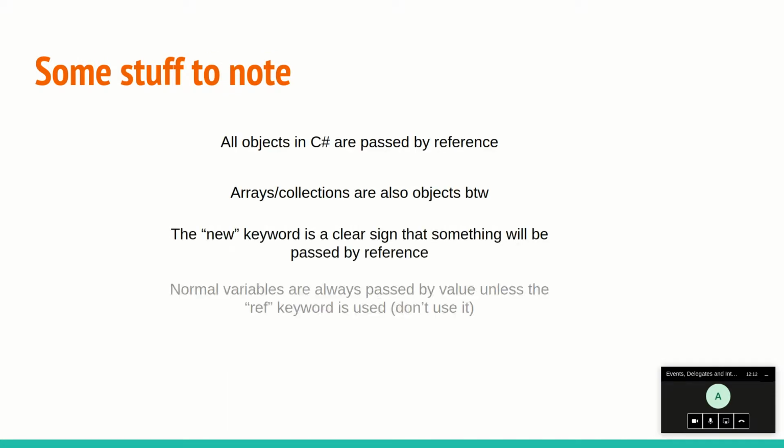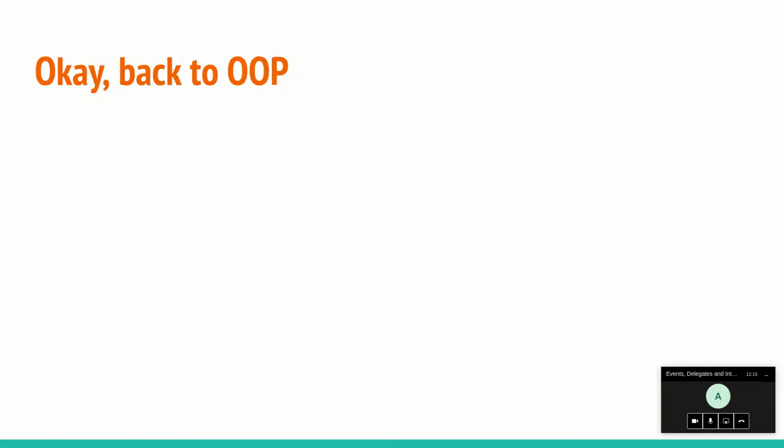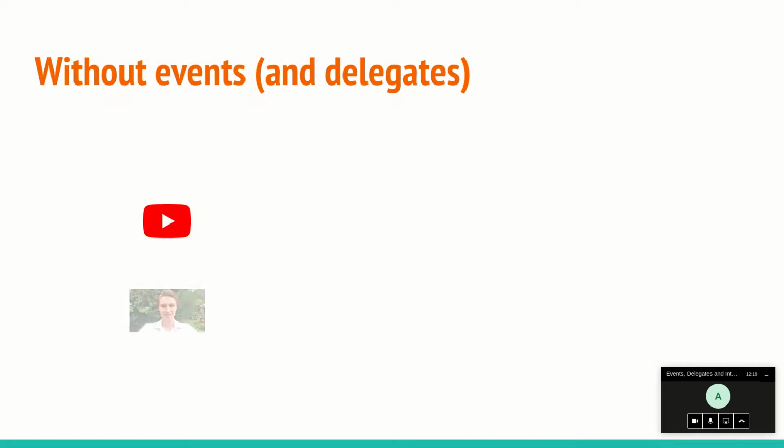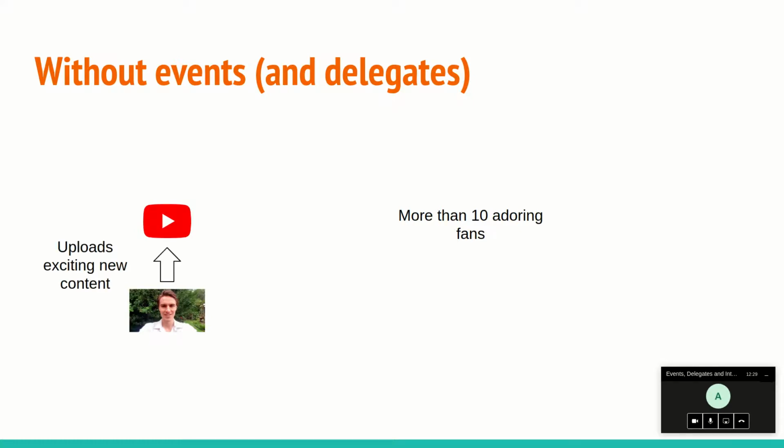The more important stuff that we got to was this little example where we used a content creator uploading a video called Connor's Pro Minecraft Gameplay. We had a content creator uploading a video to YouTube, and we were exploring how we would create this process with what we already know.